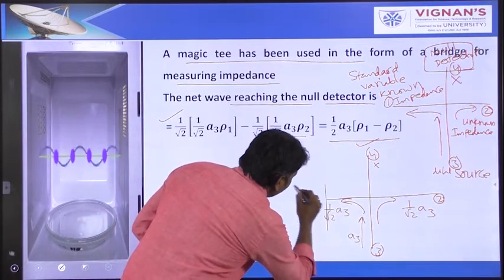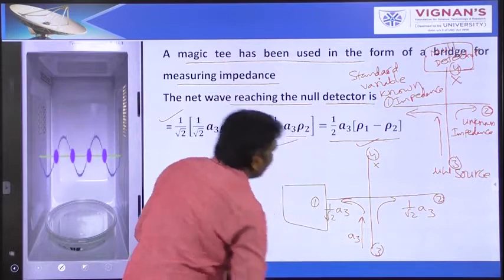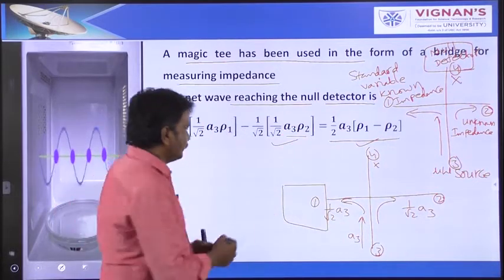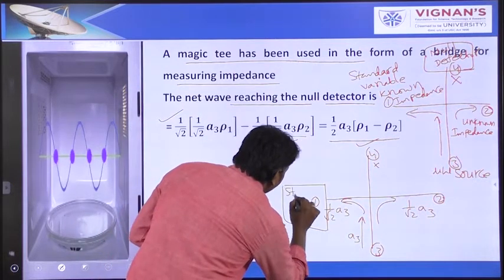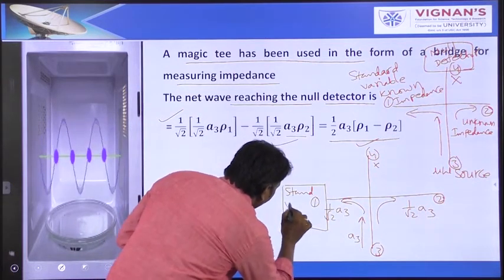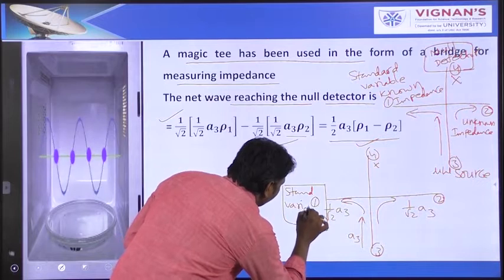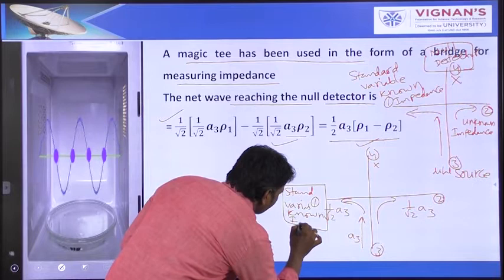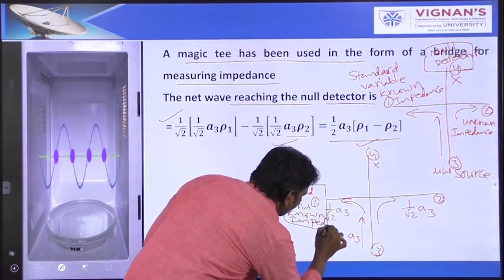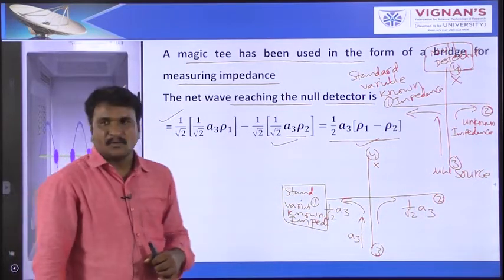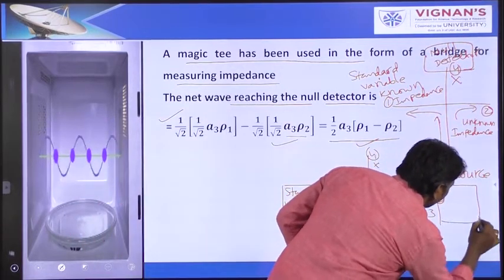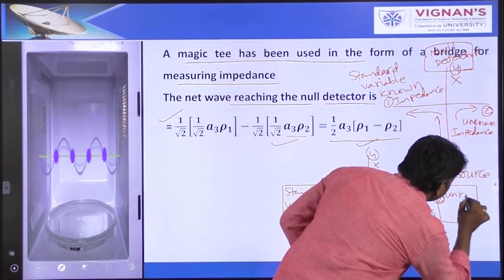Now, see, here we connected one standard variable known impedance. Standard variable known impedance, and here connected one unknown impedance.